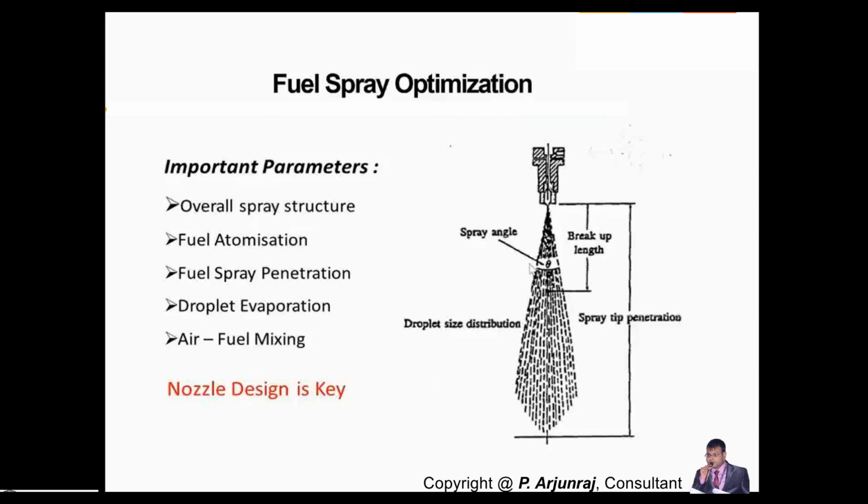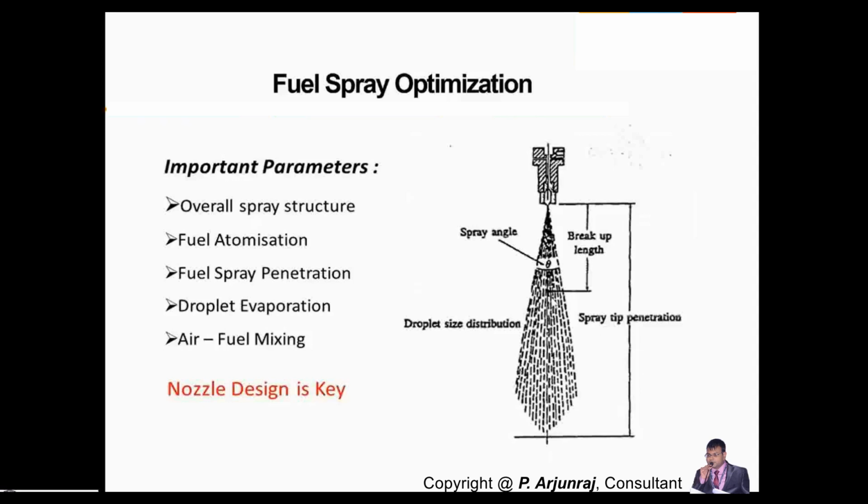You have different terms. What should the spray angle be? The overall coverage of the spray is indicated by the spray angle, and the spray tip penetration is the maximum distance the fuel can travel.